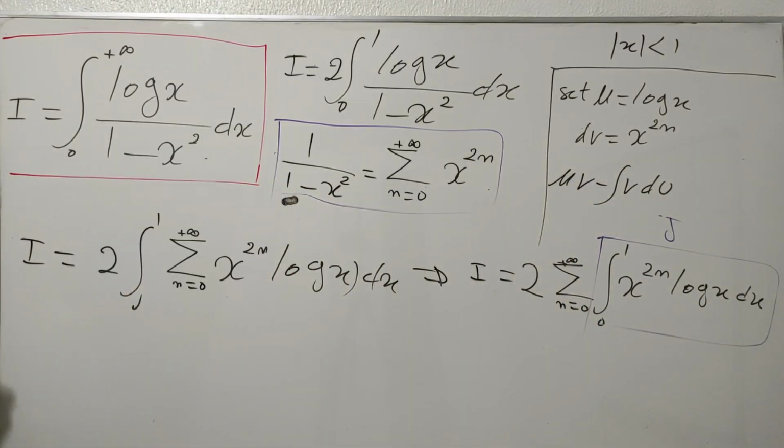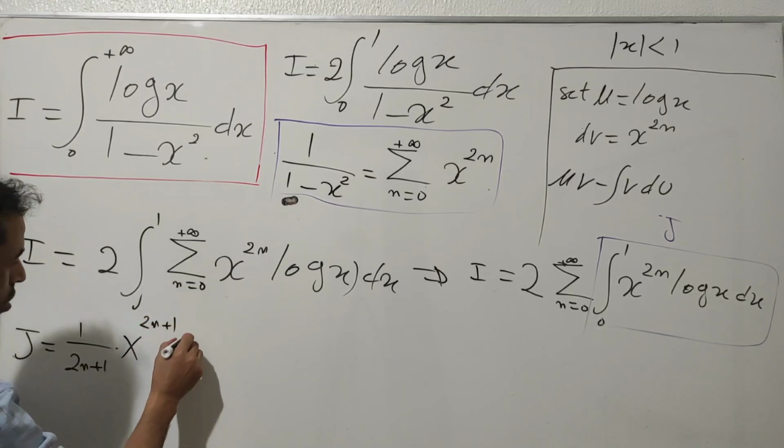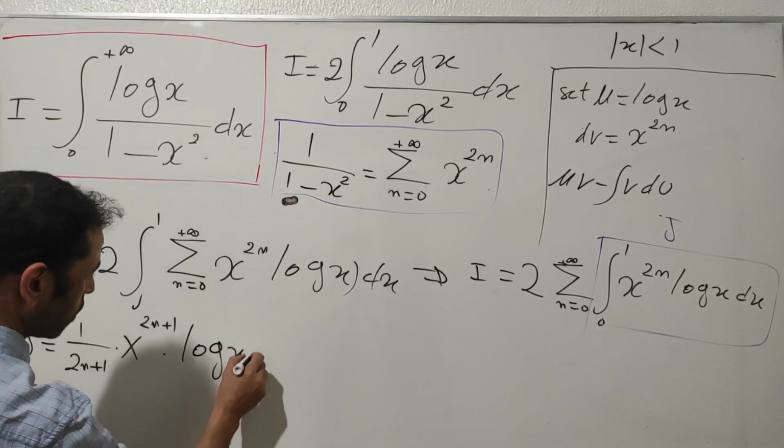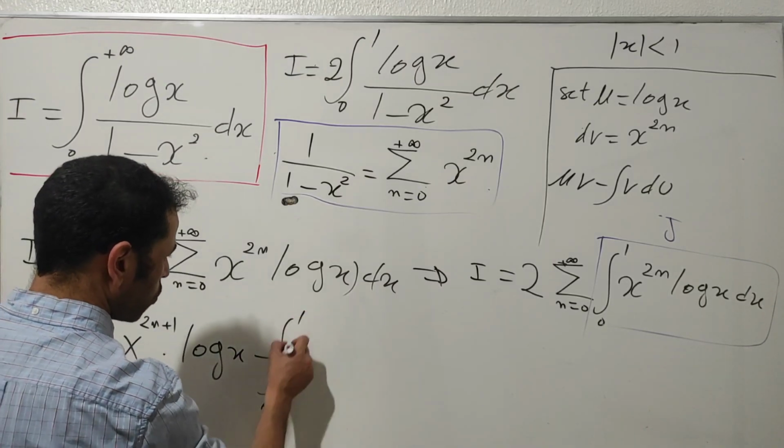As I mentioned above, we get here the J integral. Looking for the primitive of the v function, I get 1 over 2n plus 1 multiplied by x to the 2n plus 1, multiplied by log of x, minus another integral from 0 to 1.